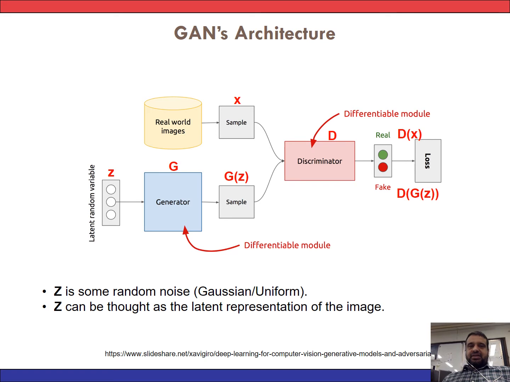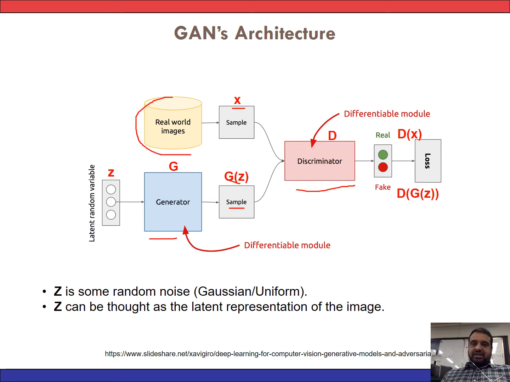This is the generative adversarial network architecture. As I explained previously, a generative adversarial network consists of two networks. One is the discriminator part and the second one is the generator part. The discriminator takes the samples generated by the generator, which we call G of Z, or it can take the real images from our data set.